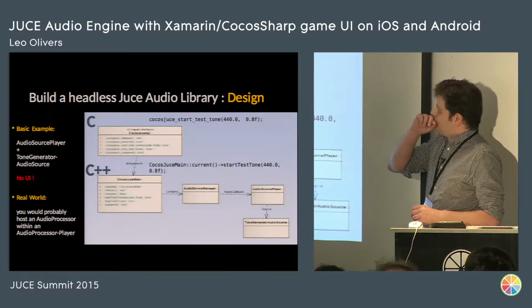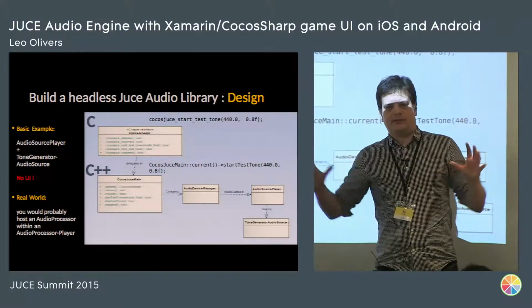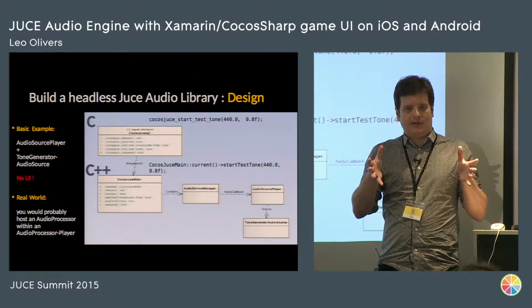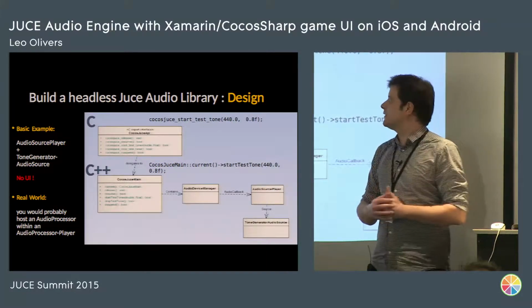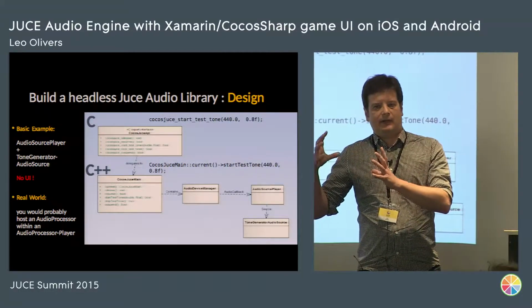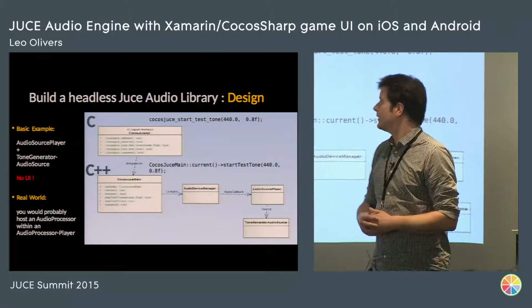So this talk is basically split into two parts. The first part is building that JUCE-based audio library, which is entirely C++, of course. And the second part of the talk is about putting that Xamarin UI on top of that library.